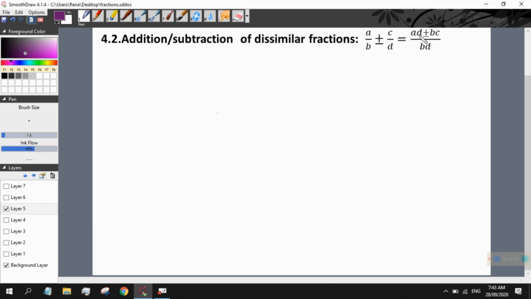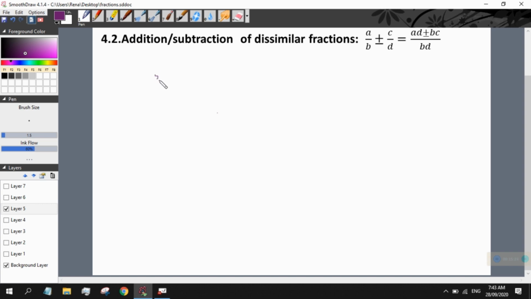So we have AD plus or minus BC over the product of the two denominators, BD. Ganun lang pagka dissimilar yung fractions. You have to perform cross multiplication on the numerator, and then for the denominator, just multiply the two numbers, BD.